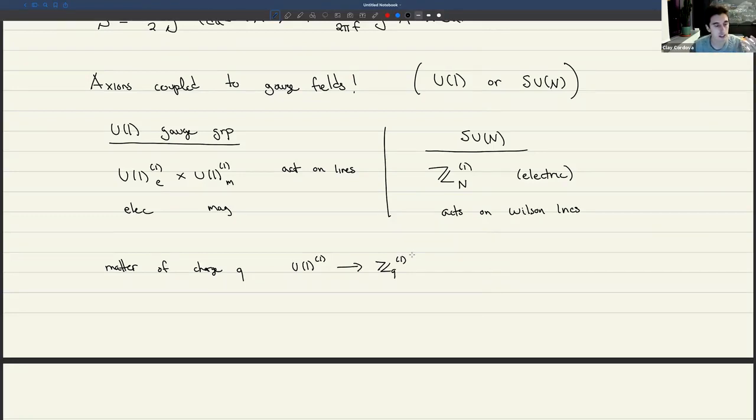So when I say that there's an electric one-form symmetry that acts on Wilson lines, what I mean is that you can measure the charge of a Wilson line, and the fact that it's a symmetry means that it doesn't matter what distance you pick away from the line to try and measure the charge. Whereas if you have dynamical charged matter, then they can screen the line, and then it would depend on distance, so it's not a symmetry anymore. But if you only have matter of charge Q, you would still have the charge mod Q could not be screened. Make sense? Yeah, perfect.